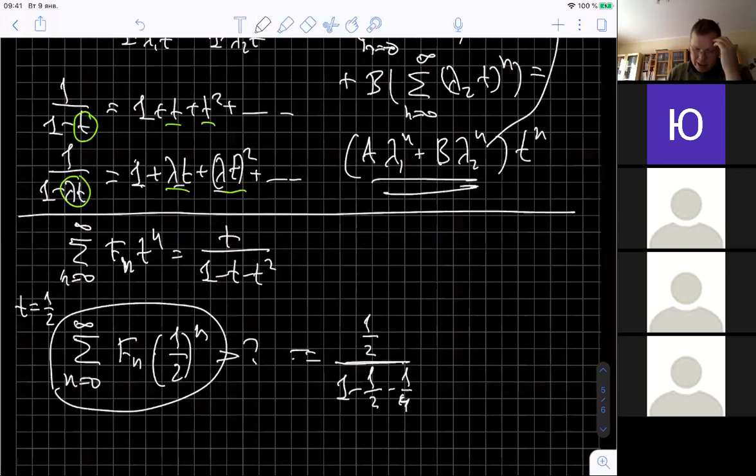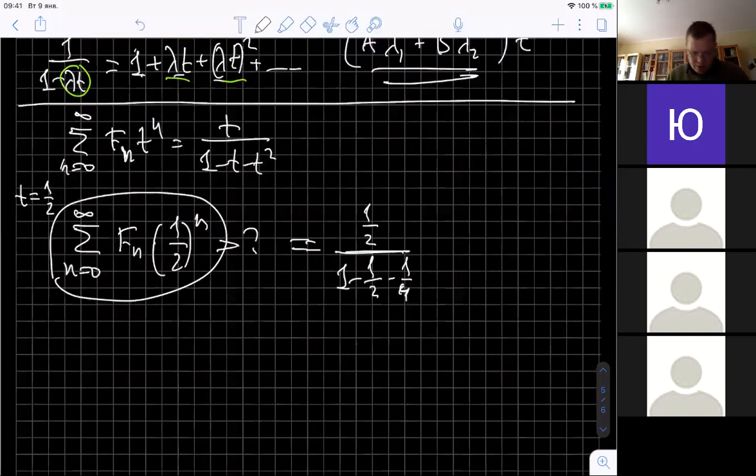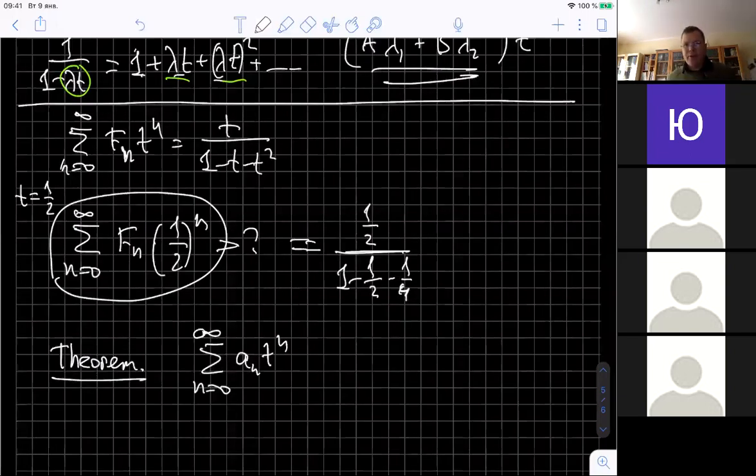And the answer, so I don't know if you have this theorem in the course of calculus, but maybe you know that. So there's a theorem. If we have a formal power series, then we can ask the question: is it okay to take t equal to some number?